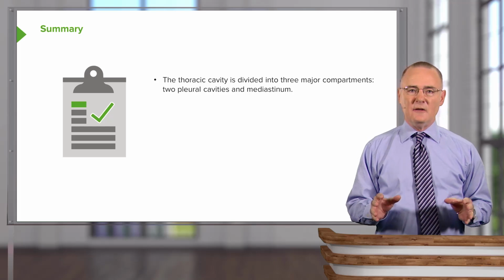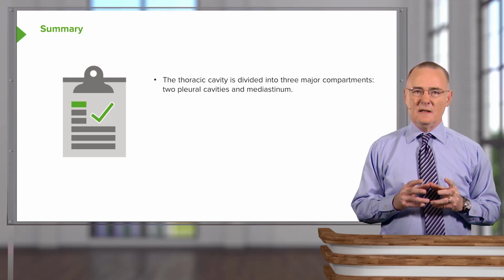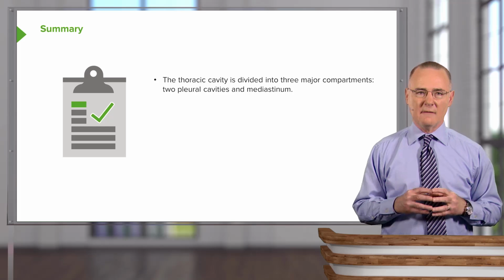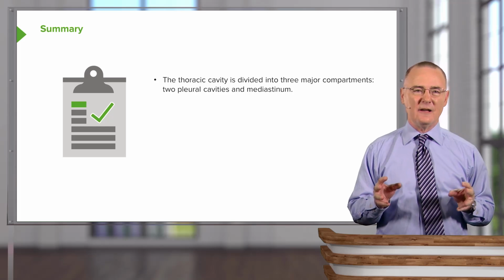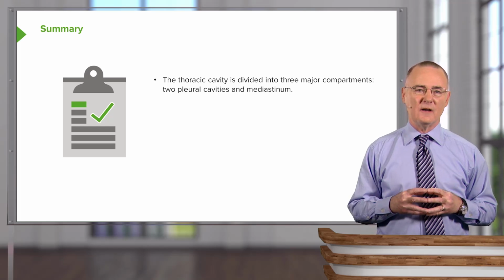Now let's summarize the key take-home messages. The thoracic cavity is divided into three major compartments. We have two pleural cavities, and we have that area standing between them in the middle of the thoracic cavity called the mediastinum.